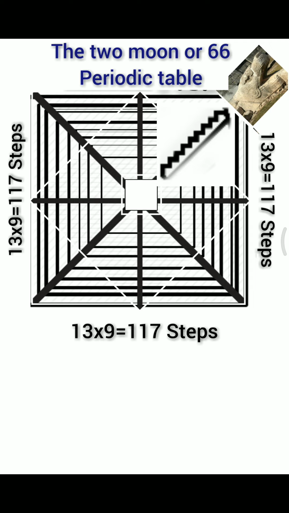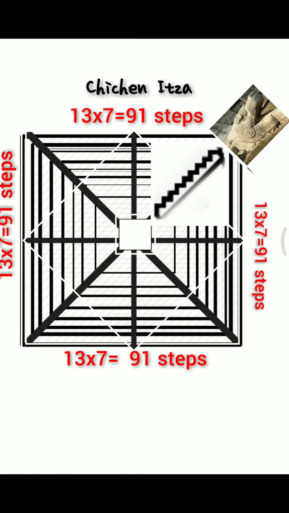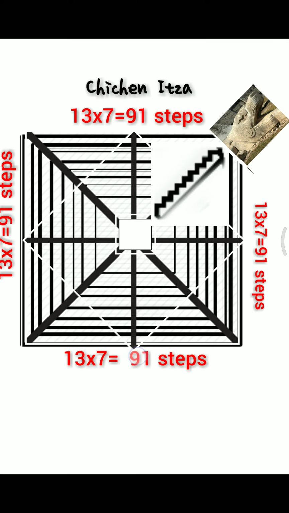So now let us see how it is related to this Chichen Itza pyramid, how we can relate these two. In my previous video, I explained that there are 91 steps here, which is nothing but 13 times 7, which is 91.